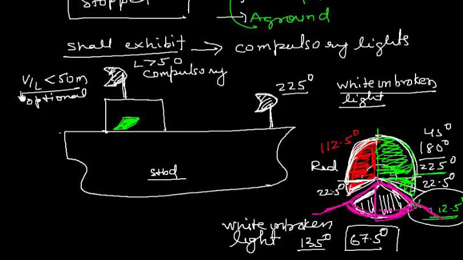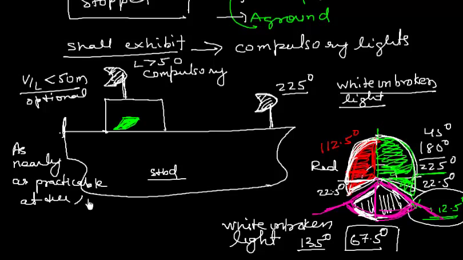This is the white light that can be seen like this, and it is placed as nearly as practicable at the stern. So let me write here, as nearly as practicable at the stern.